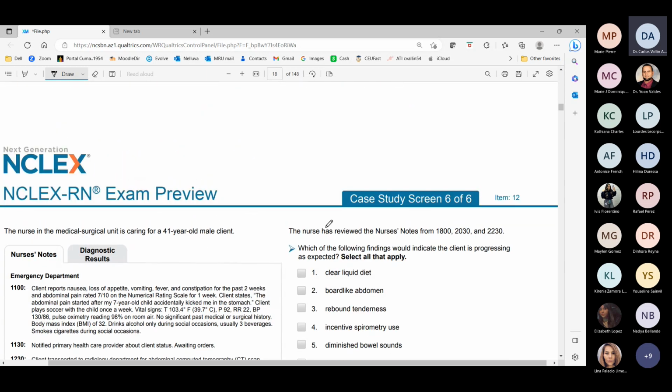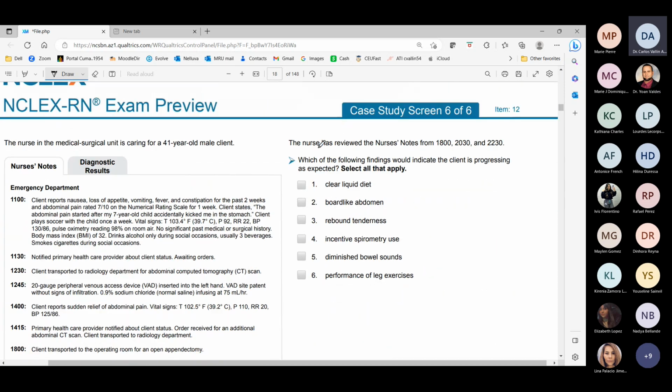Okay, with this evaluation, they ask us which of the following findings would indicate that the client is progressing as expected, that is, improving. Consuming a clear liquid diet is a progression. Board-like abdomen, no, this is not progression. Rebound tenderness is not progression.